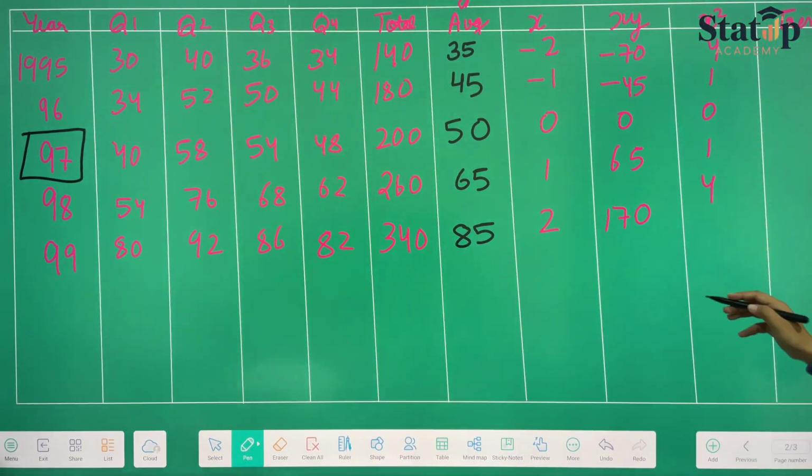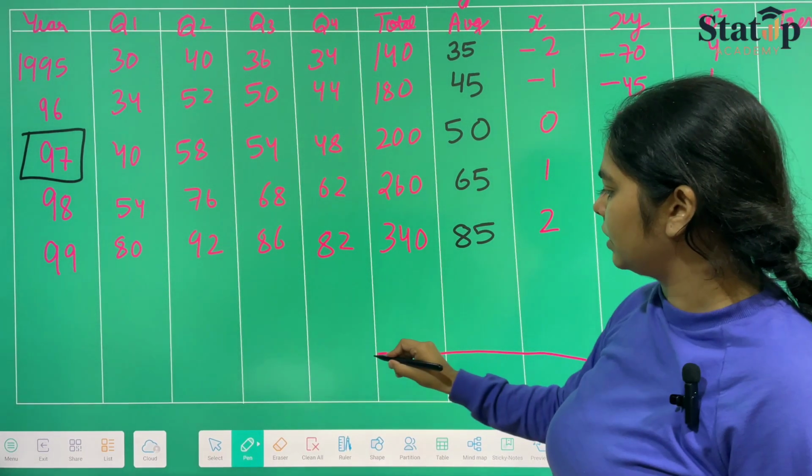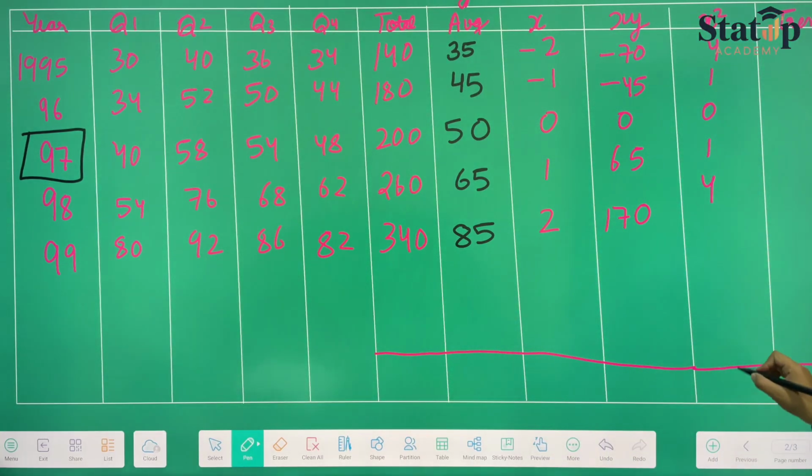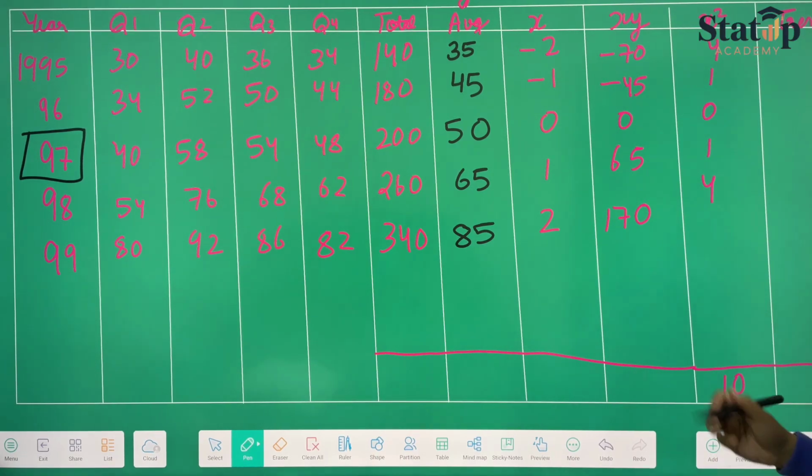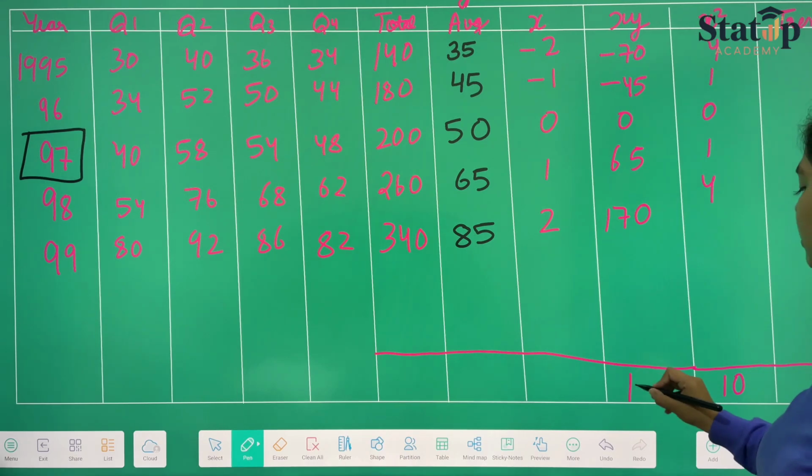So the total of x square is equal to 10.